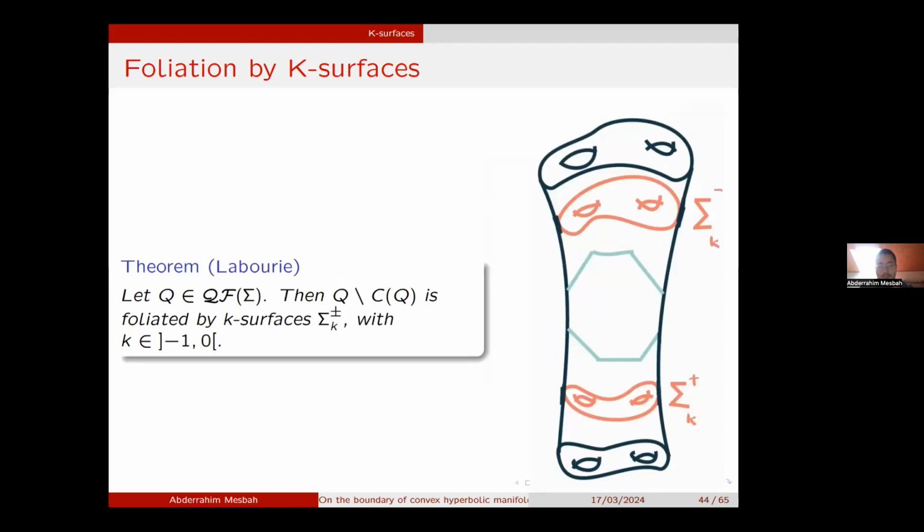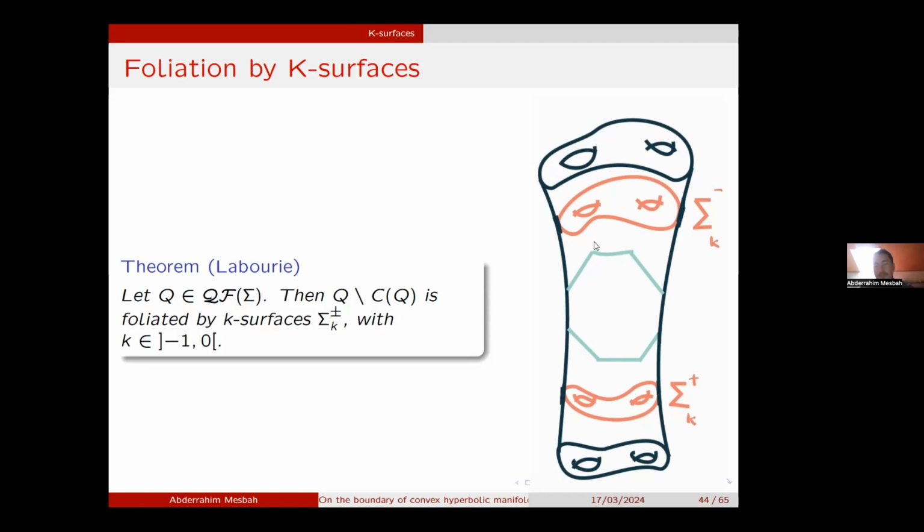And a theorem by Labourie has shown that if I take a quasi-Fuchsian manifold, then the complement of the convex core is foliated by K-surfaces, where K varies between -1 and 0. The complement of the convex core has two components, and each component is completely foliated by these K-surfaces, with K varying between -1 and 0.